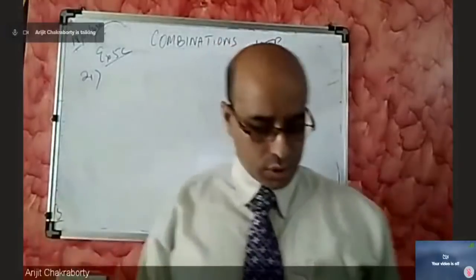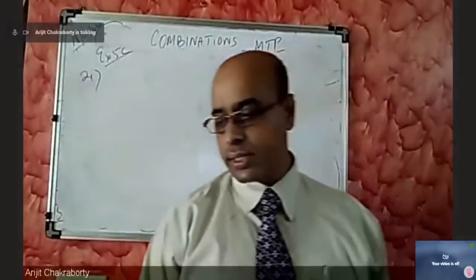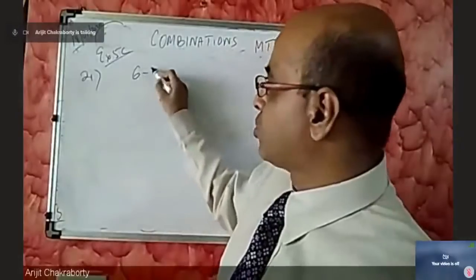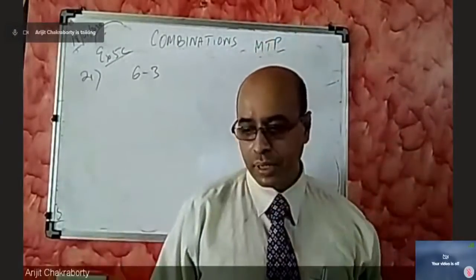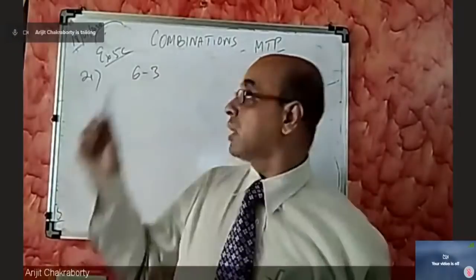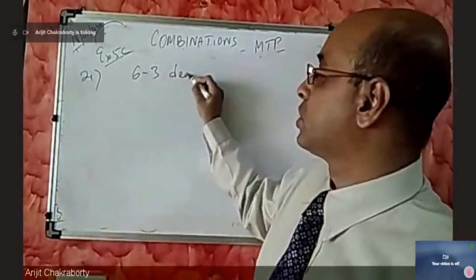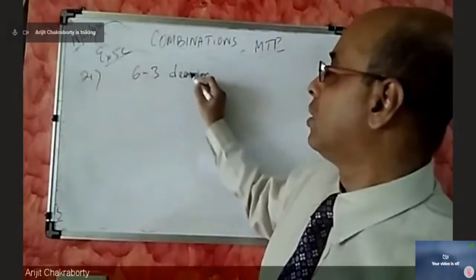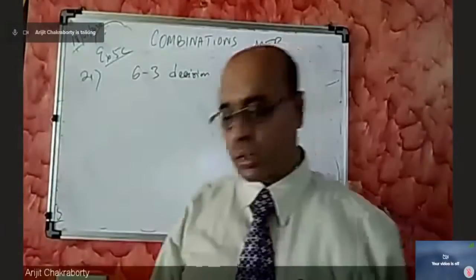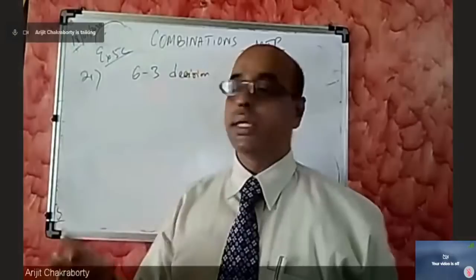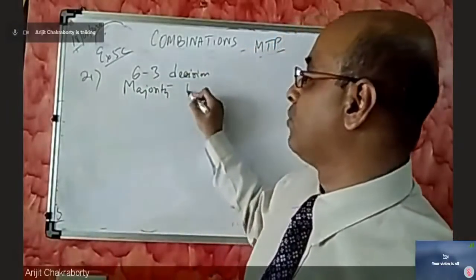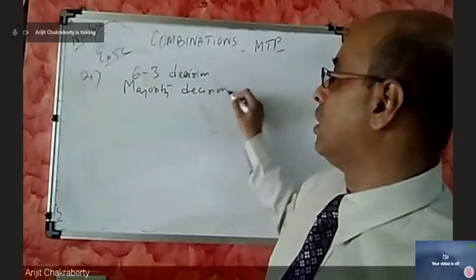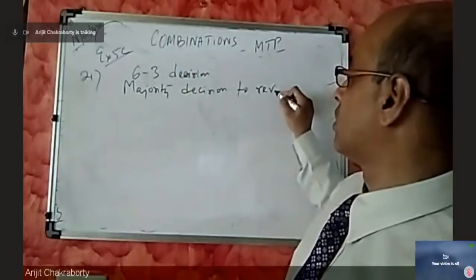The Honorable Supreme Court has given a 6-3 decision upholding a lower court. In how many ways can it give a majority decision to reverse the order?